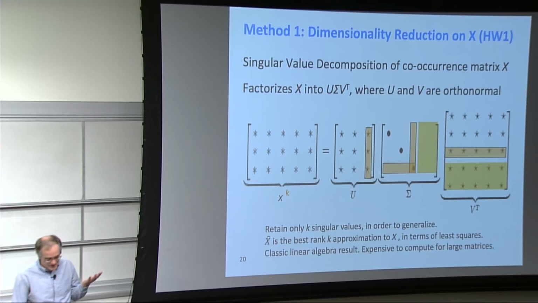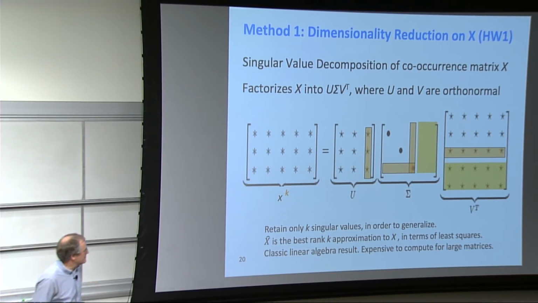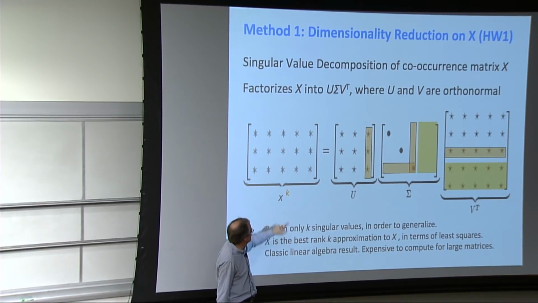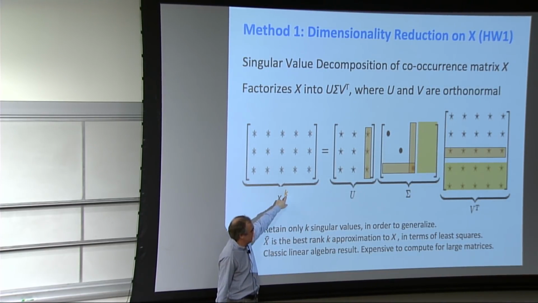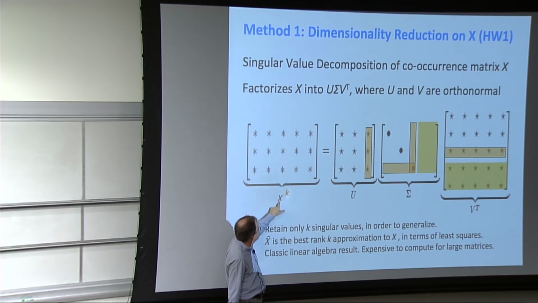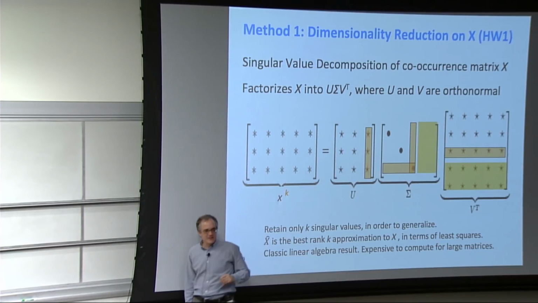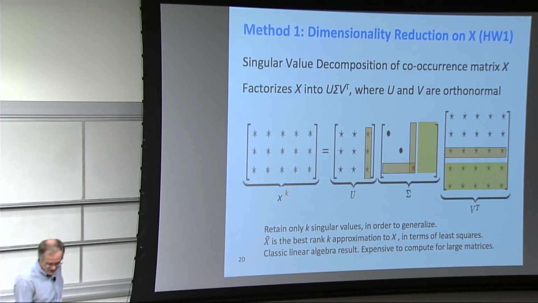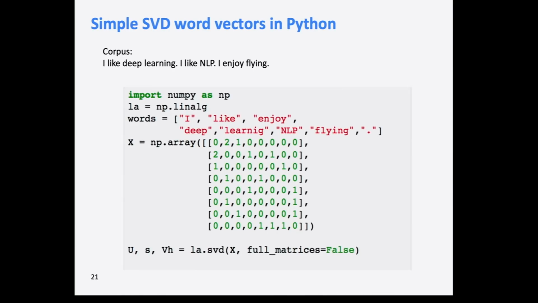The classic result is that, in terms of least squares error in estimation, the product of these three things will give X_k, which is the best rank k approximation to the original X in terms of a least squares criterion. So we could do this and build word vectors.